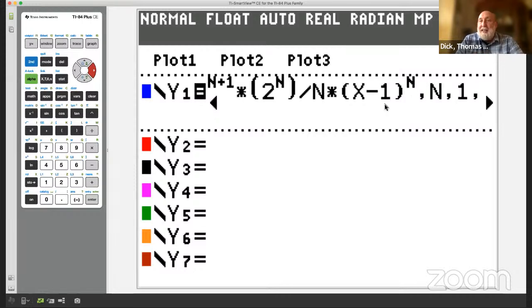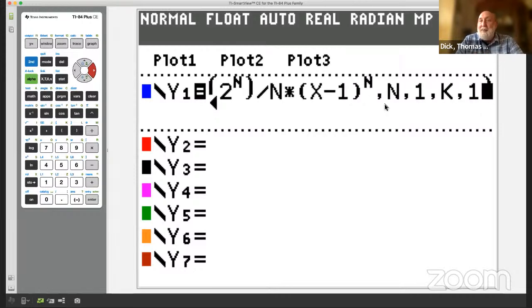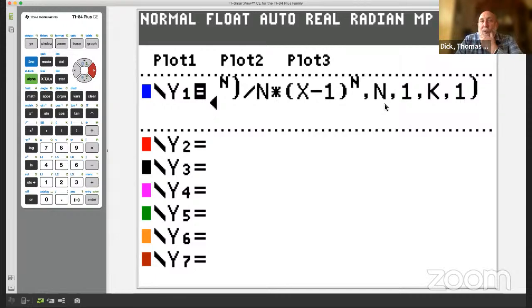Notice it has an X in it. There's that X minus 1 to the n. And just like I did before with the power series partial sums on the TI-Nspire, notice I'm going to sum these from n equals 1 to k.